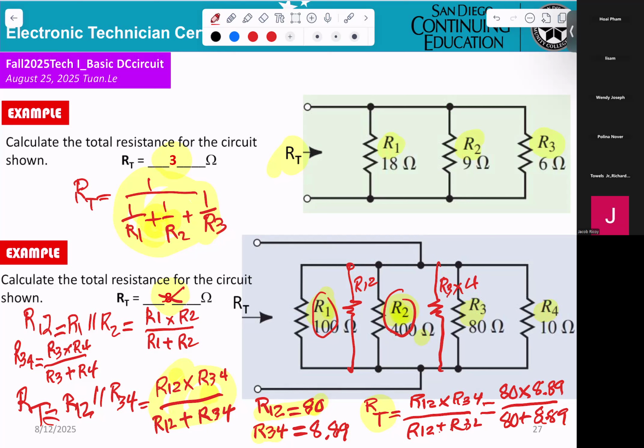Okay, 8 ohm. Yeah, I got the wrong calculation here. So I just put them already into fractions. So 1/100 would be 0.01. 1/400 would be 0.0025. 1/80 is 0.0125.